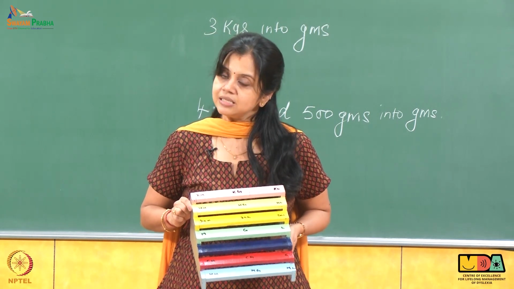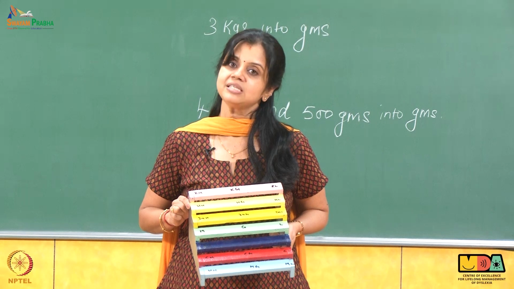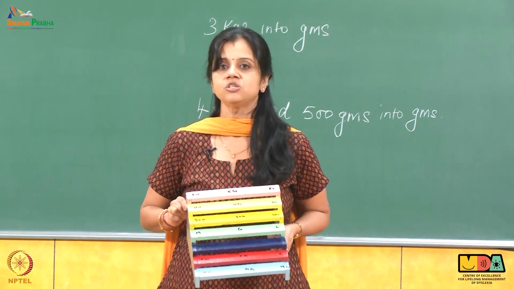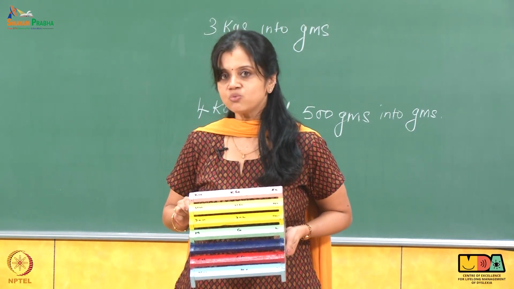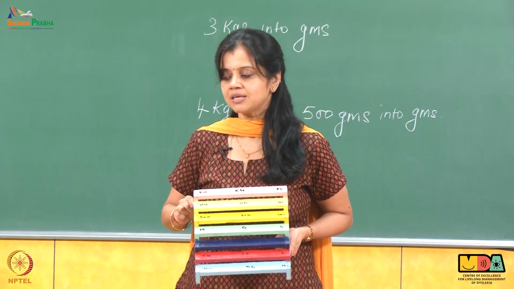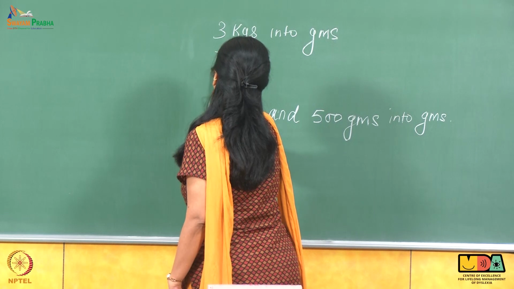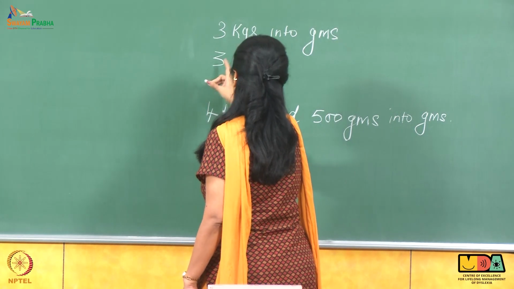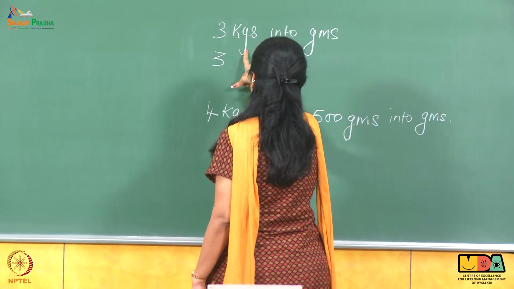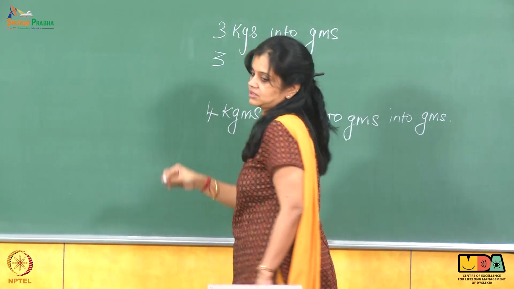So let us remember that we need to give the same methodology or instructions to work out the sum. The first thing you need to ask children to do is write the number that they see. What you see over here is 3, so they write the number 3 and they look at the next one, it says kilograms.